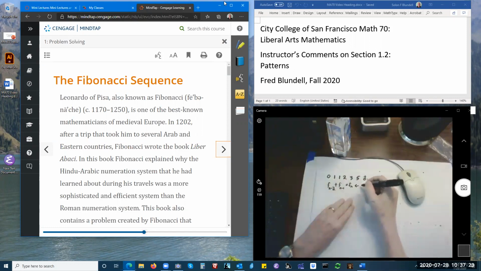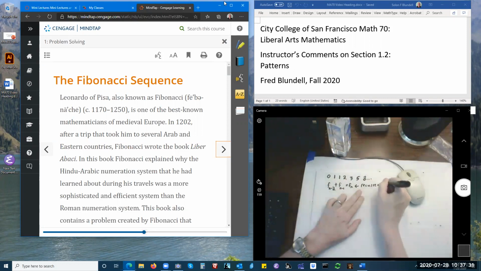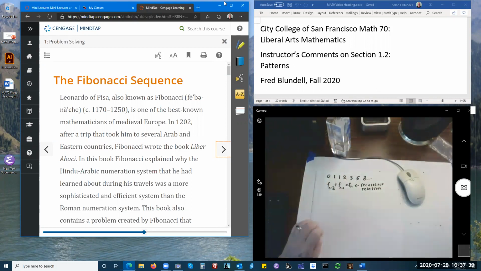So this is an example of what you call a recurrence relation. It tells you how to get one of them in terms of the ones that you've already got.